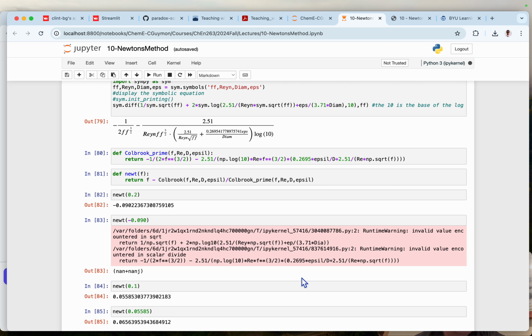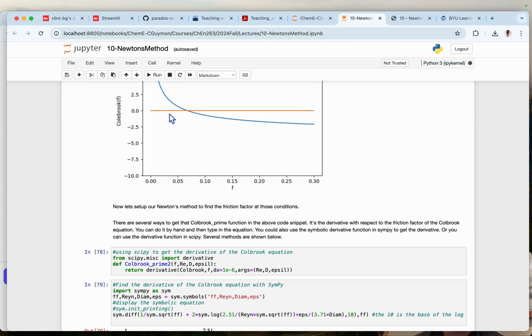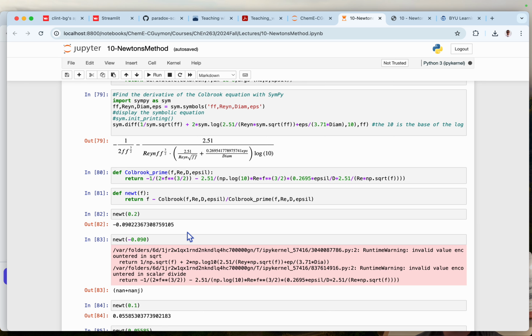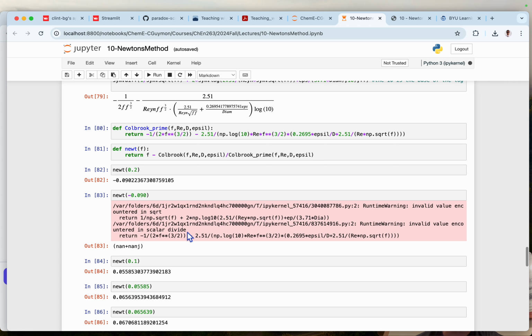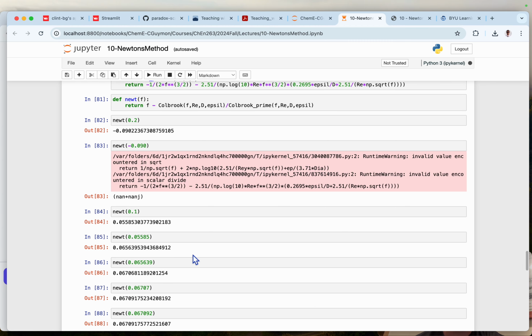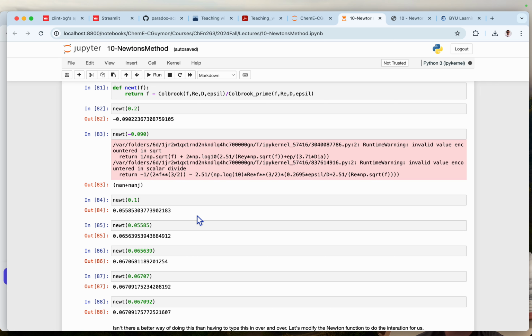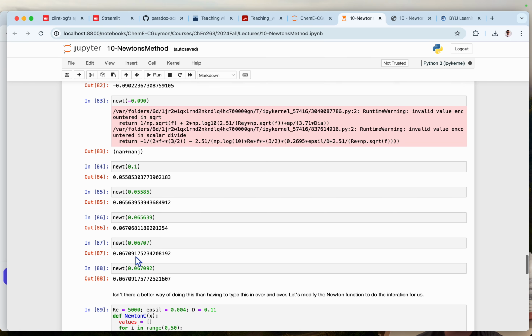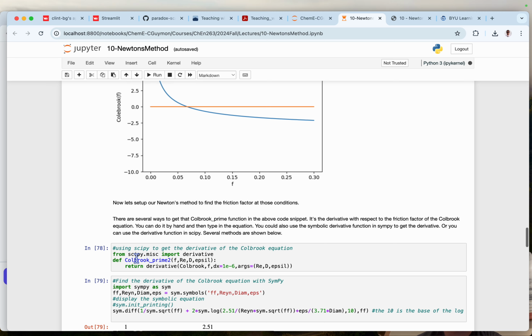So here you get an error when you try to put this in, because if you were to go over to negative and come up here, it would kick you back, but this equation results in an error. So there's ways around that, but one way is to change your guess value. We'll talk about other ways. So instead of 0.2, let's start at 0.1, closer to our answer. And you can see that eventually we get to 0.067, which according to our function looks about right.